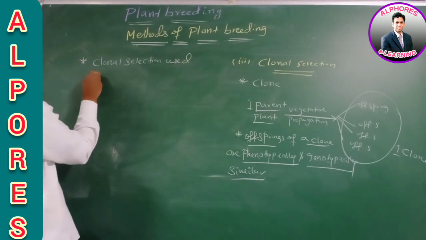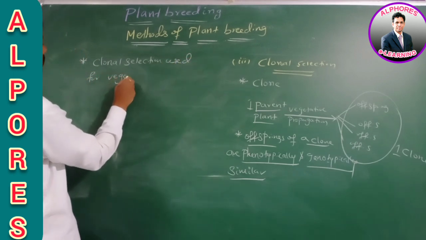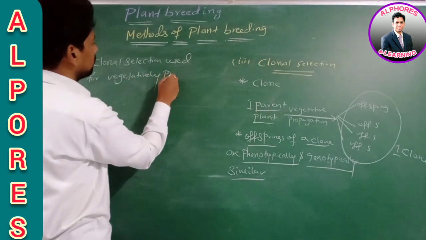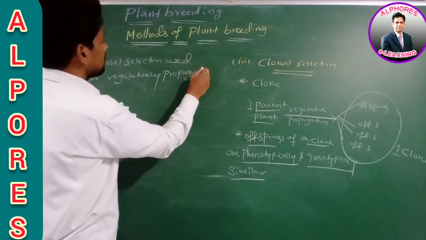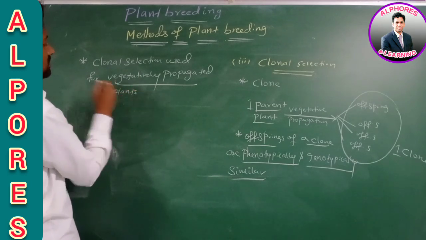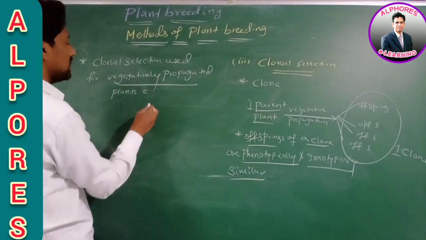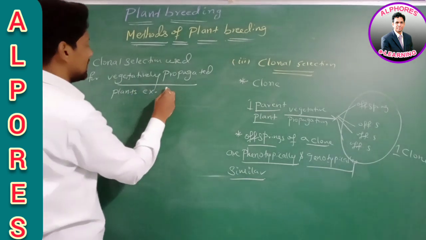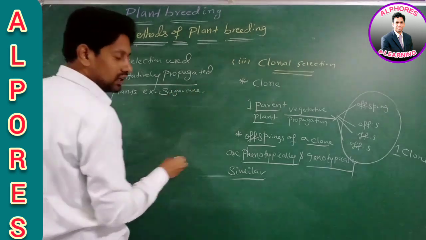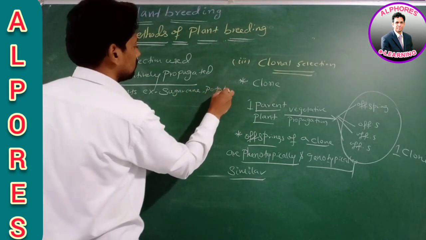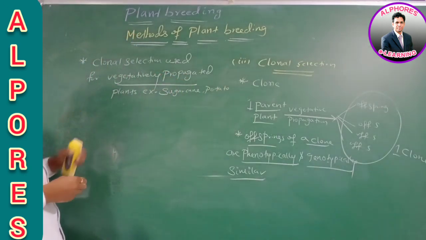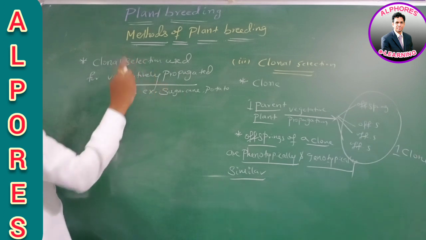What are the best examples of vegetatively propagated plants? Sugarcane and potato.